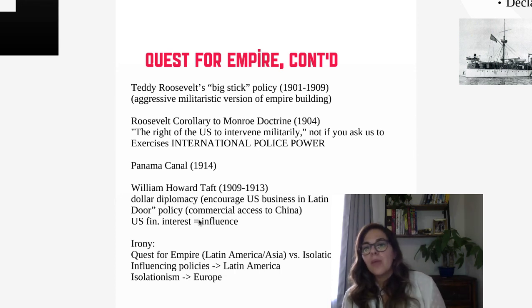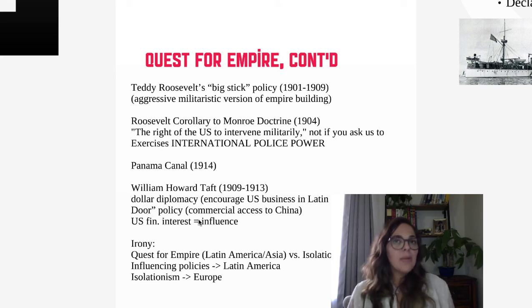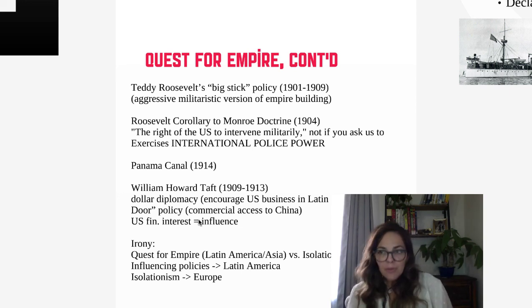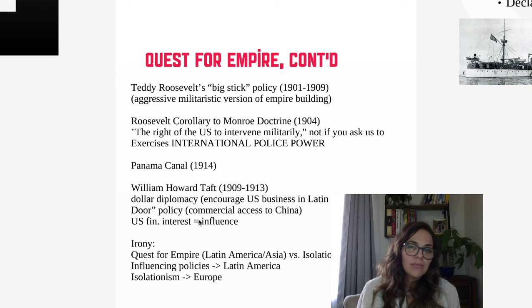Now, the approach here is to encourage American businesses to set up shop in Latin America. The working theory here is that if the U.S. has financial interests in these countries and is helping to create jobs and help those economies, then this is going to give them influence over those countries, okay?